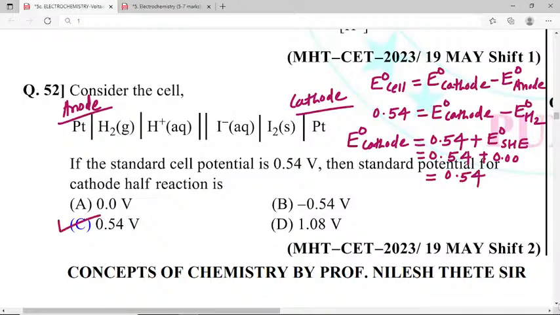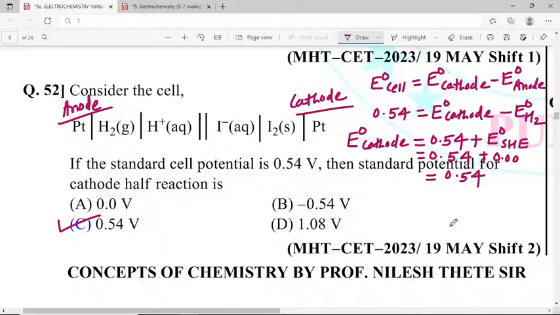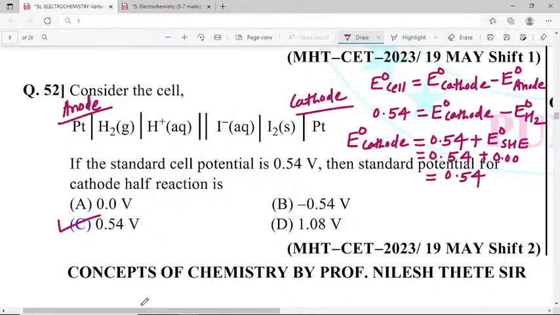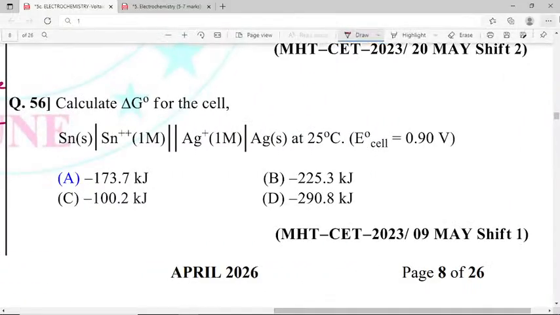So this is your answer, 0.54 volt. Cathode minus anode. What is the cathode? The cathode is iodine. The anode is hydrogen, which is the SHE. So what is the potential for SHE? 0.00 volt, standard hydrogen electrode. Substitute the value and we will get the answer.